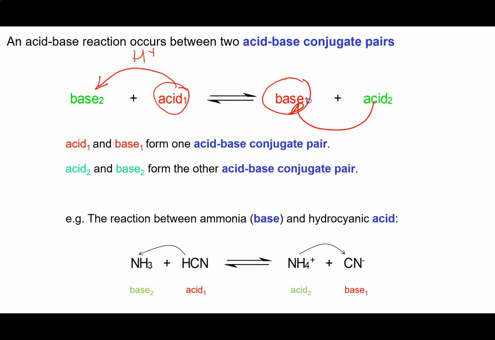Acid 1 and base 1 are 1 acid-base conjugate pair. Acid 1 is exactly the same as base 1, but it has an extra proton. Acid 2 and base 2 are the other conjugate acid-base pair. The only difference between these two species is this guy has an extra proton and this guy has 1 less.